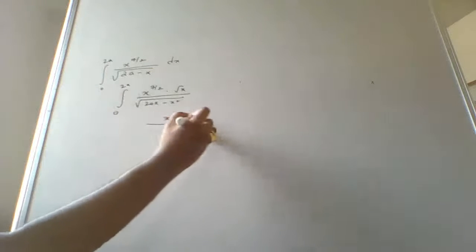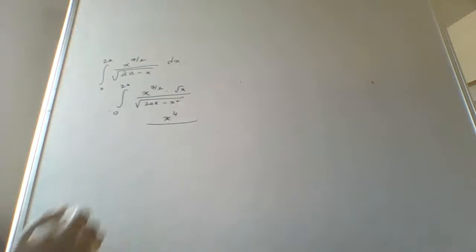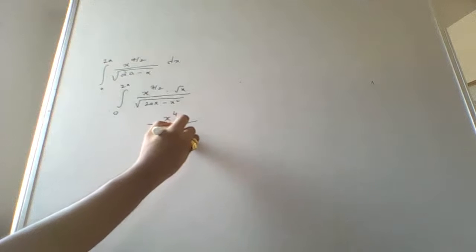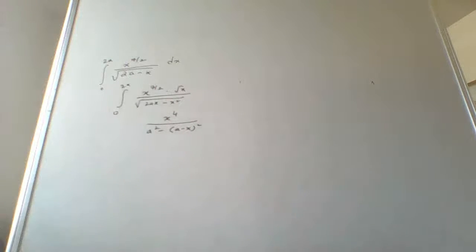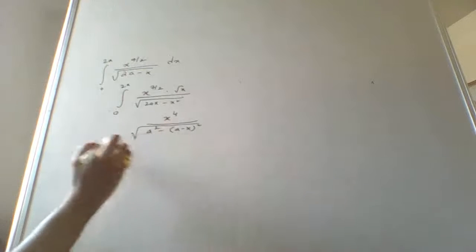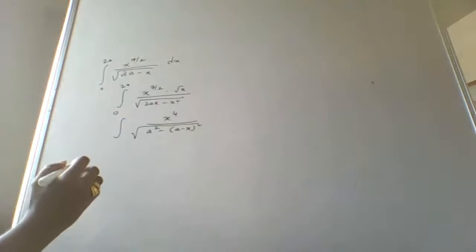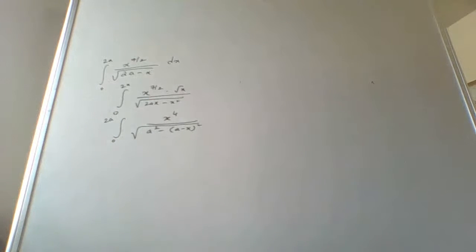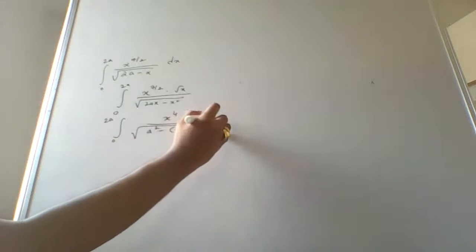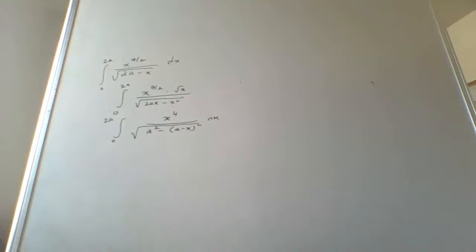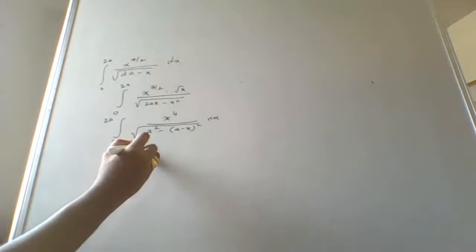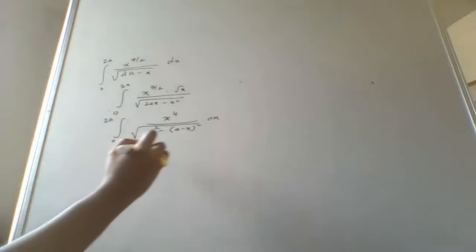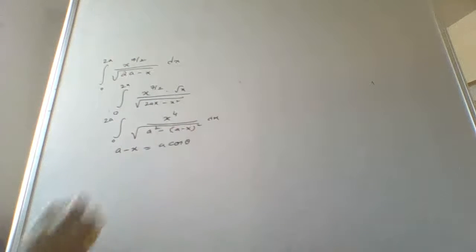Now this I can write as a square minus a minus x whole square. I can get back the same result. Don't forget the root here. So this is 0 to, dx. Okay, let us put a minus x as a cos theta.